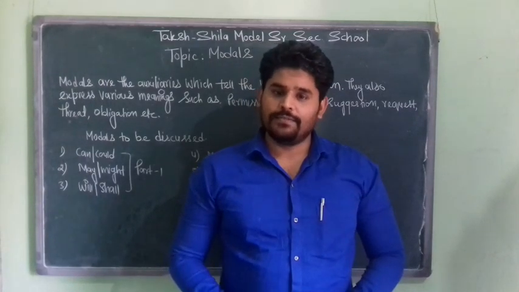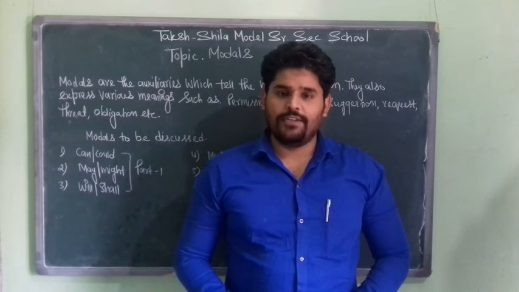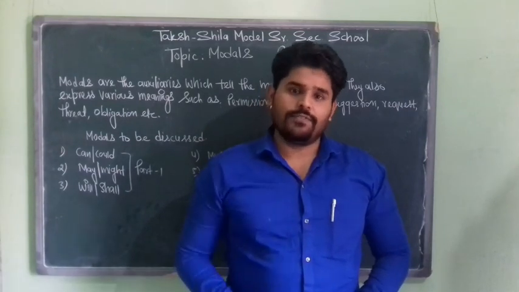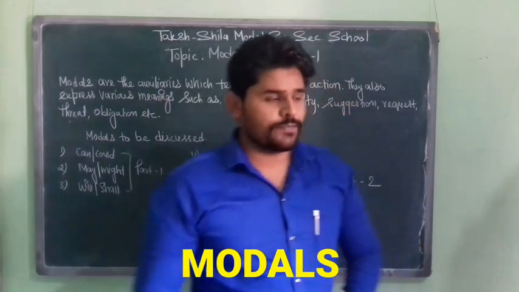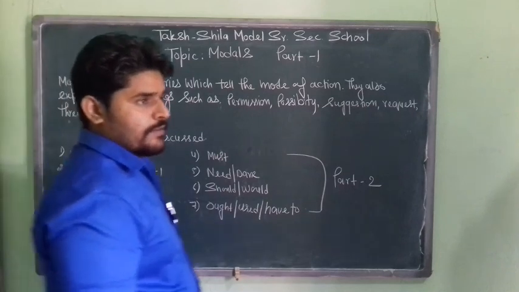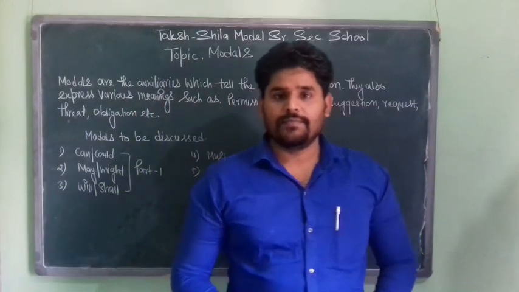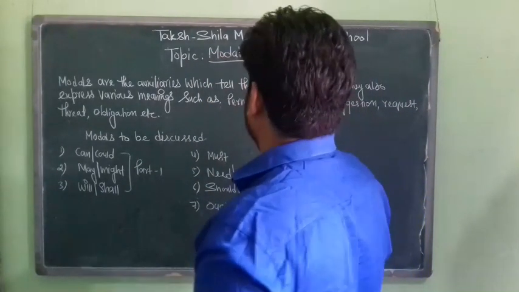So with this, today we are going to discuss a chapter of English grammar, and the title of this chapter is Models. Students, before I move on to the discussion of our present day topic, let me just tell you something about models.